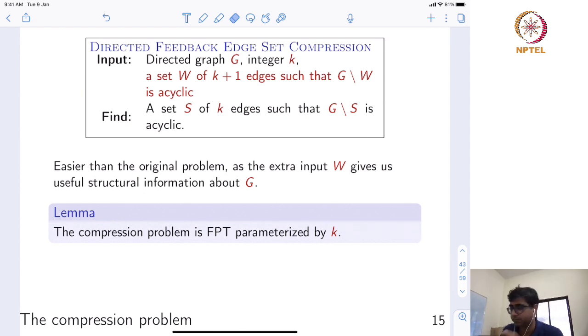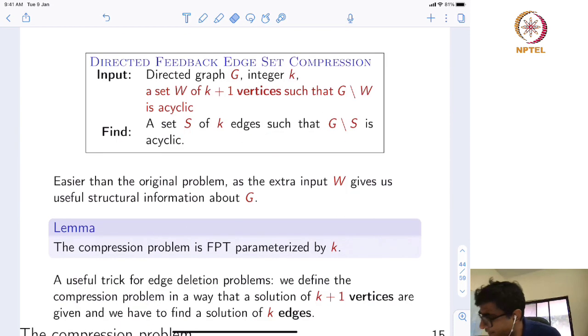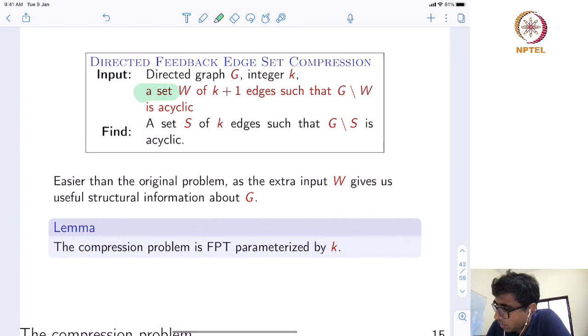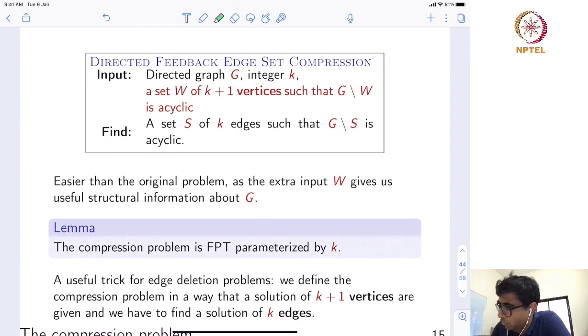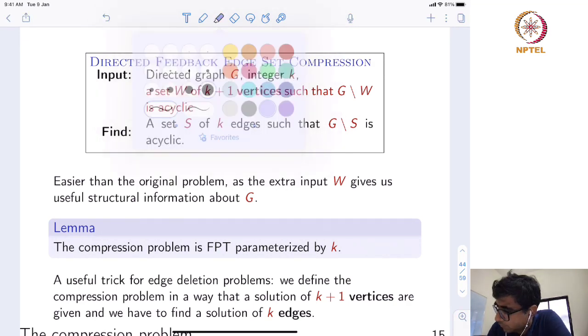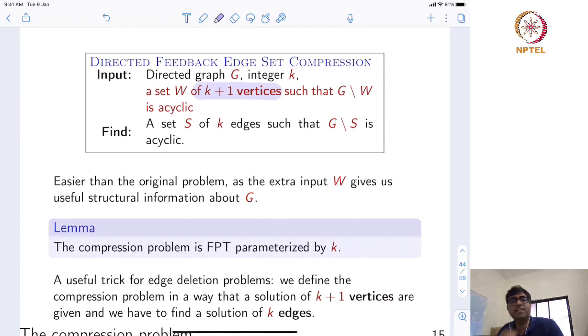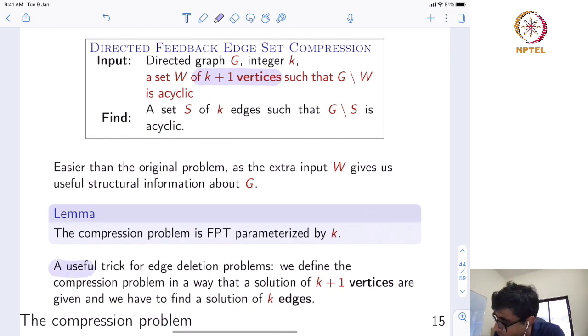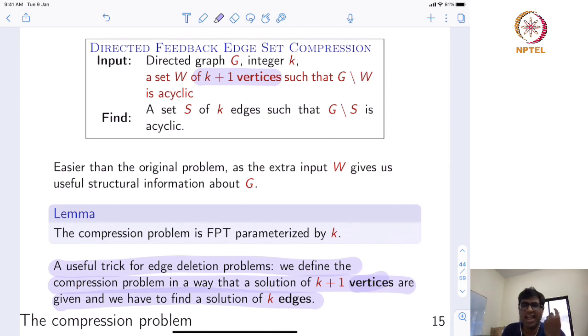How can you solve this problem? In fact, we are going to assume that what we are given is k plus 1 vertices W such that G minus W is acyclic, and we want to find k edges S such that G minus S is acyclic. This is a useful trick to have for edge deletion problems. You define a compression problem in a way that a solution of k plus 1 vertices is given, and that is very easy.